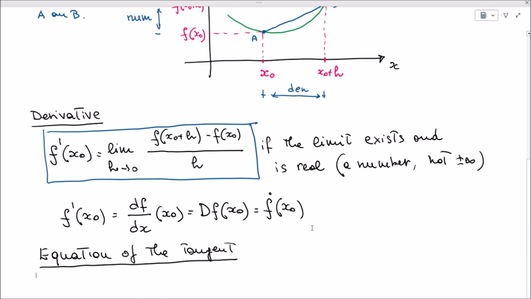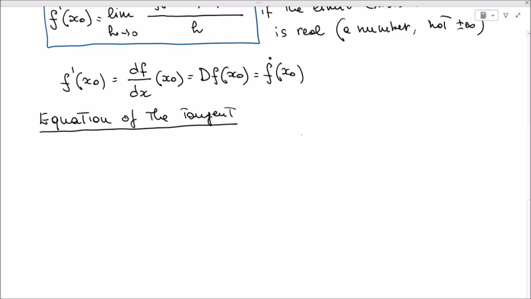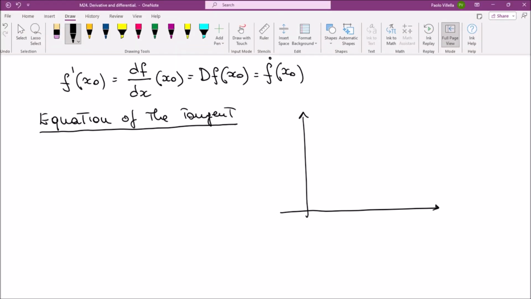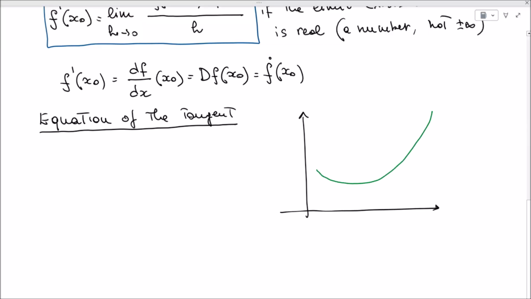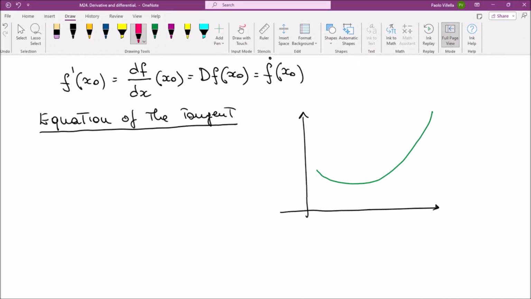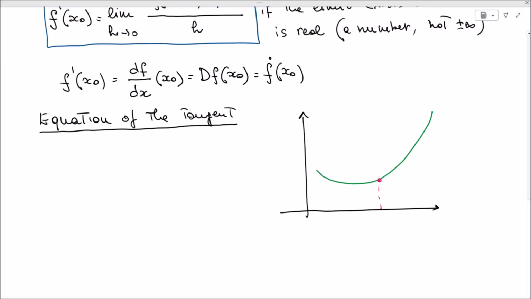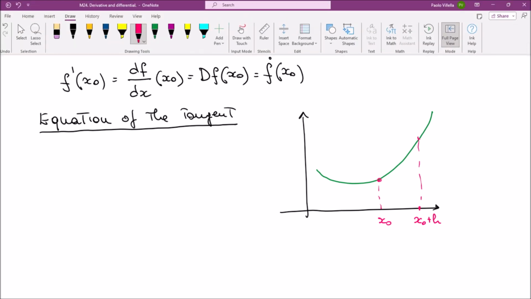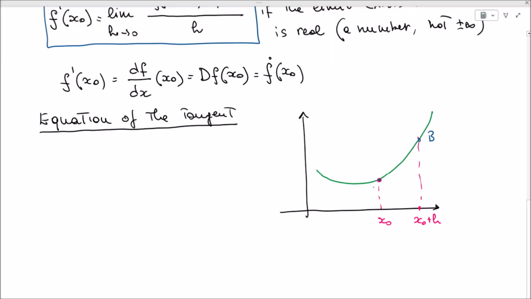So if we plot again the function f with the point x0, let's say that this is the point x0, what happens is that when h goes to 0, the point B, this is the point B, this is the point A. So the line through A and B gradually becomes the tangent.